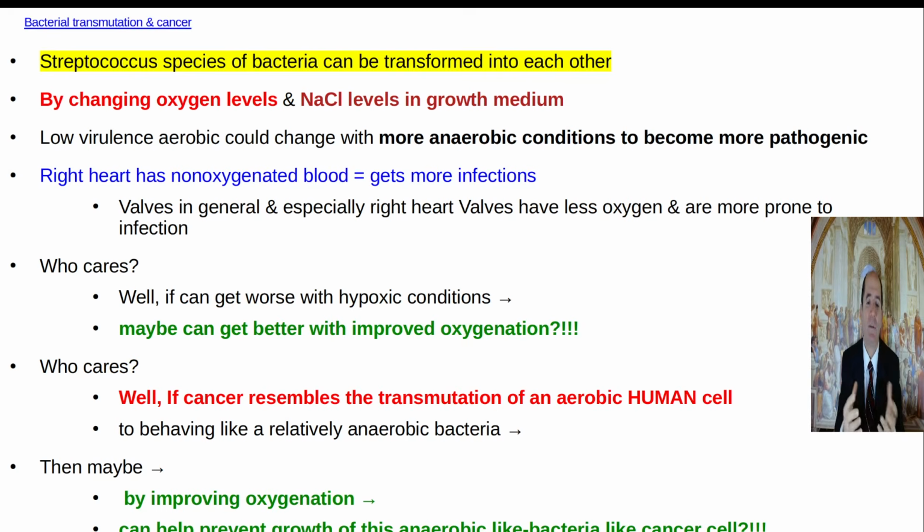by changing its environment. Thus, you might be able to help heal a problem by improving the tumor microenvironment, making it more oxygenated, improving the pH, making it less acidic, more basic. And this would also be avoiding excess sodium, hypernatremia, if you will.